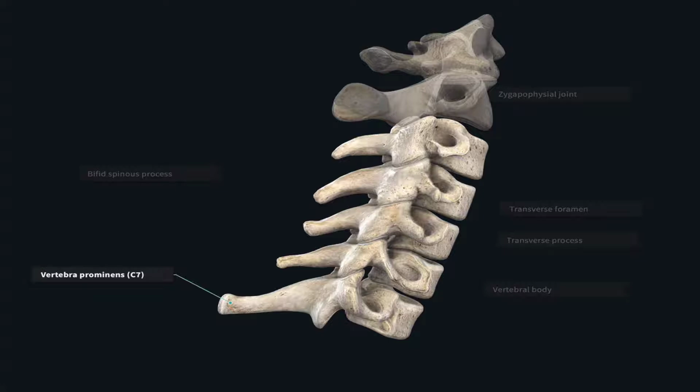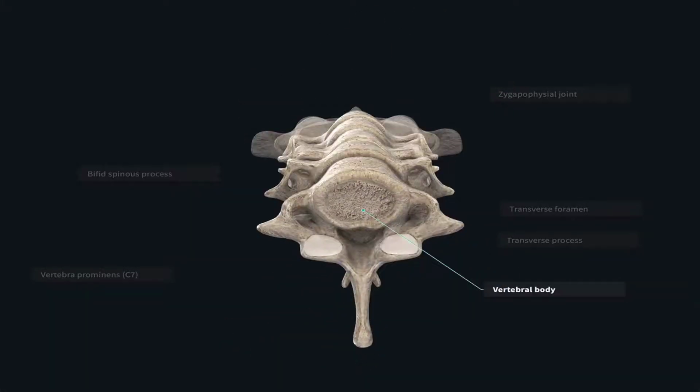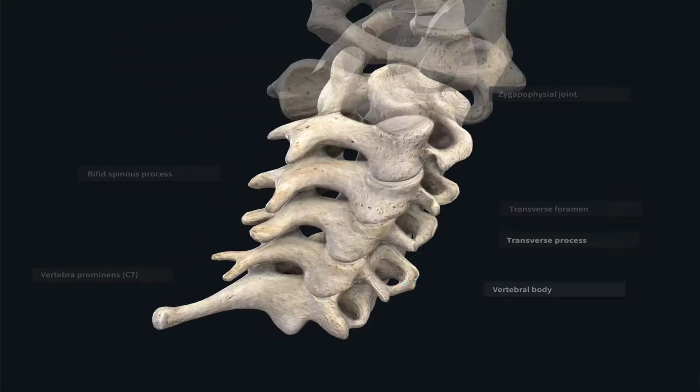A typical cervical vertebrae has a bifid spinous process. The vertebral body is somewhat smaller than that of those within the thoracic and lumbar regions, and the transverse processes have transverse foramina, which are holes that transmit the vertebral arteries and veins.